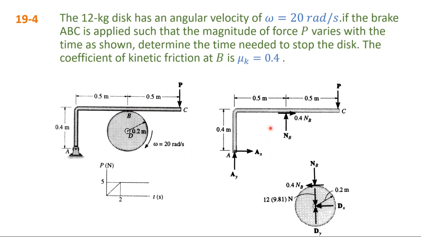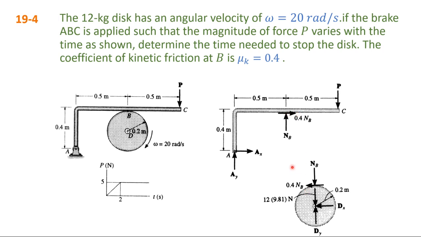Once again, this is the free body diagram for the lever ABC. At A, we're going to have the reactions AX and AY, then 0.4 meter upward, then 0.5 meter to the right, then 0.5 meter further to the right to the point C. At B, we're going to have the normal force and the friction force.